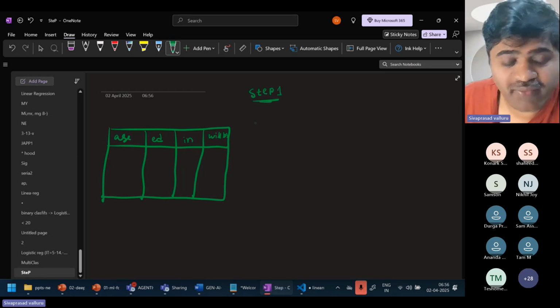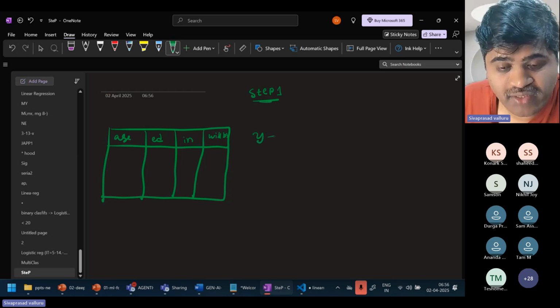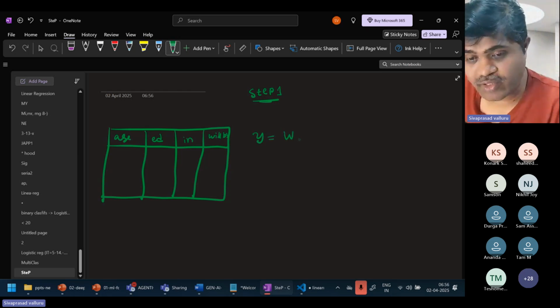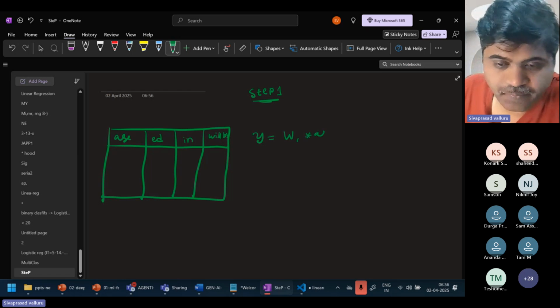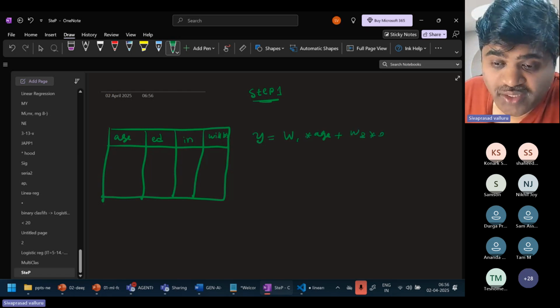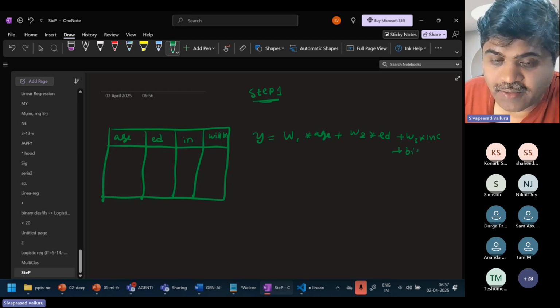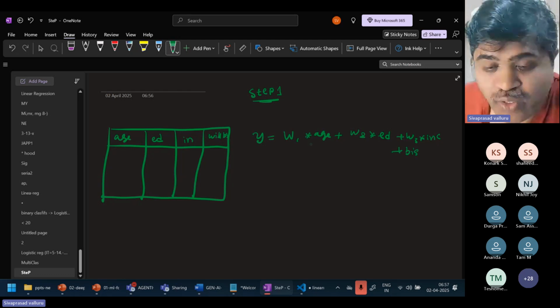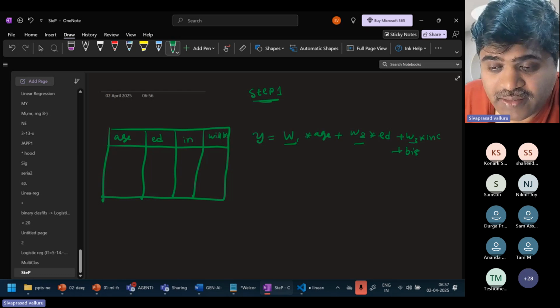Step 1 is to predict the value of y. The equation is y equals weight 1 into age plus weight 2 into education plus weight 3 into income plus some bias. So in the first step, I have to find the values of weight 1, weight 2, weight 3 and bias.